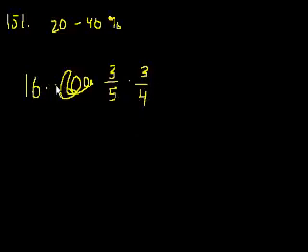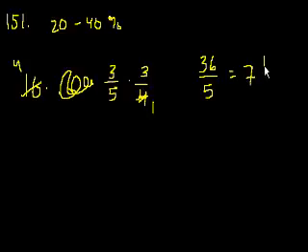We can do some 16 divided by 4. Get a 4. Get a 1, and then you have 4 times 3 times 3. 4 times 3 times 3 is 4 times 9 is 36 over 5, which is equal to, what's that? 5 goes into 36, 7 and 1/5, so $7.20. And that's choice B.